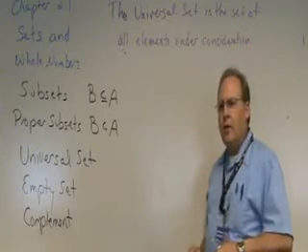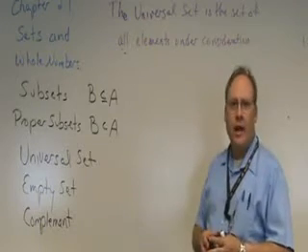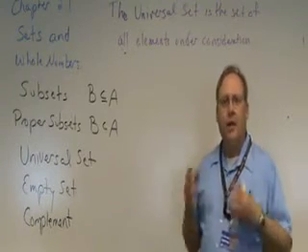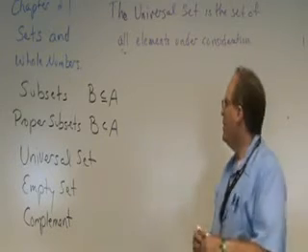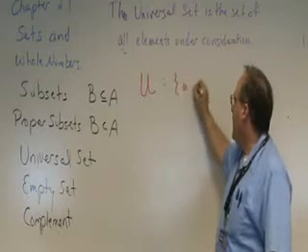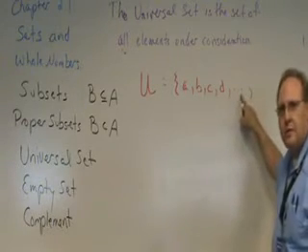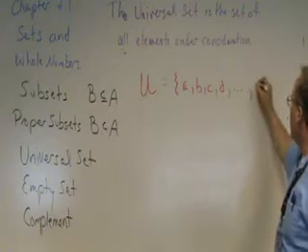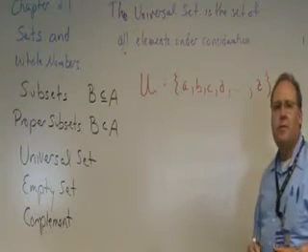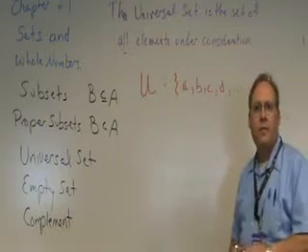And as a result, we can say that the universal set of characters for writing English words is found as the English alphabet. And so I could write a set and call it U for the universal set, and call it A, B, C, D, and continue on with this ellipsis that describes going on as indicated until we get up to Z, the last letter in the English alphabet.